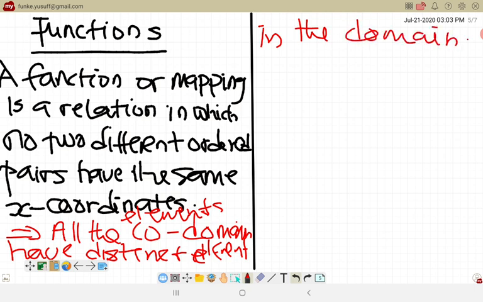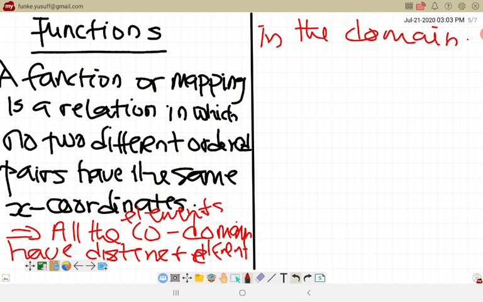Or you can also say to every element in the codomain there is a distinct element in the domain, or to every element in the domain there is a distinct image in the codomain.